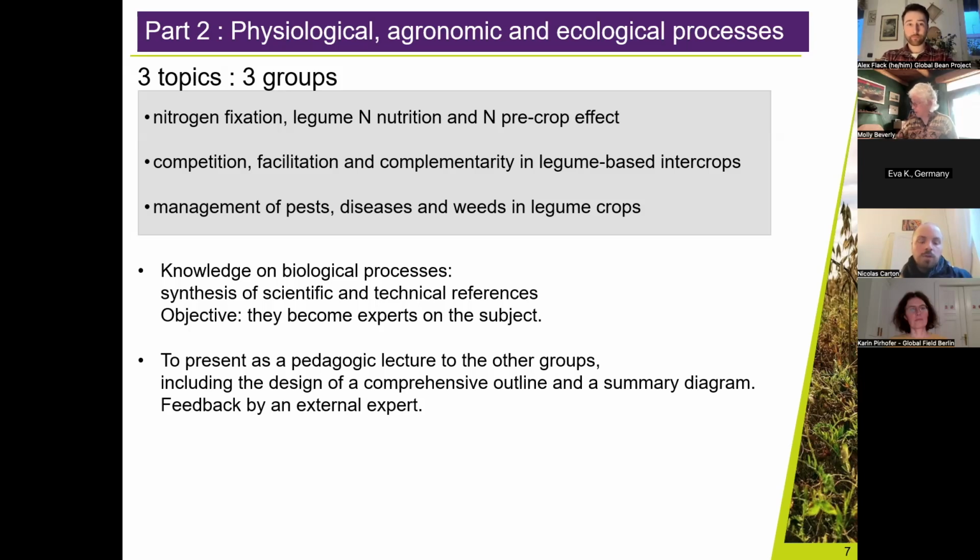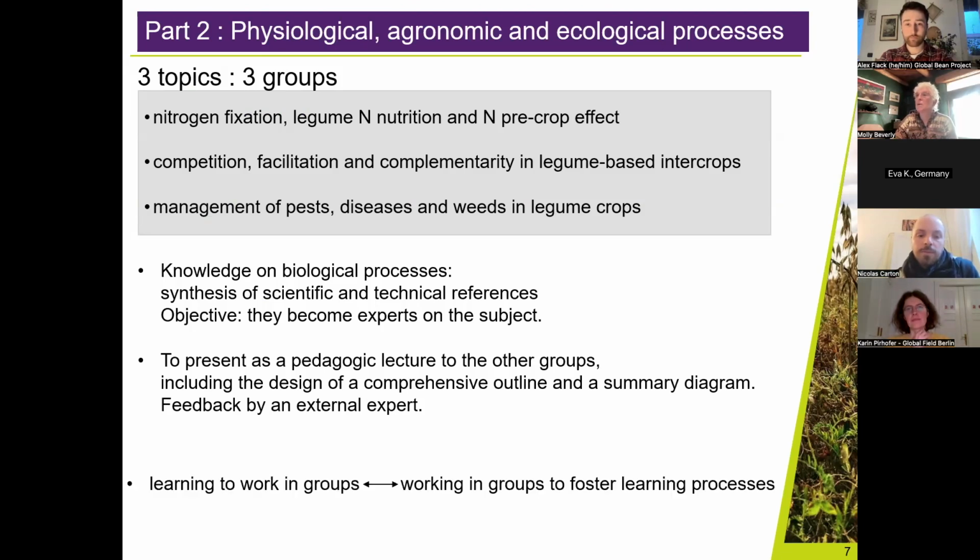So they had to do something easily understandable, citing their sources, etc. And they got feedback from an external expert, someone who is doing research on that topic, on the day of their oral, and they could improve the oral to do it a second time, where the external expert was actually the class of the 3rd-year students, so the students who are the most advanced, who could also give them feedback.